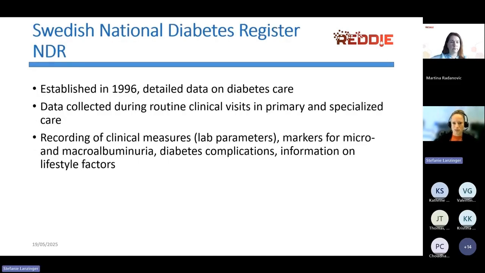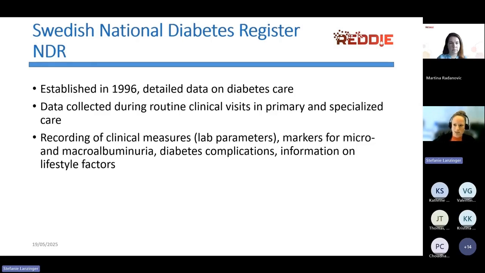The Swedish National Diabetes Registry was established in 1996 and contains detailed information on diabetes care. Data is registered during routine clinical visits in primary as well as specialized care. Clinical measures are recorded, and also diabetes complications, micro and macroalbuminuria, and information on lifestyle factors.